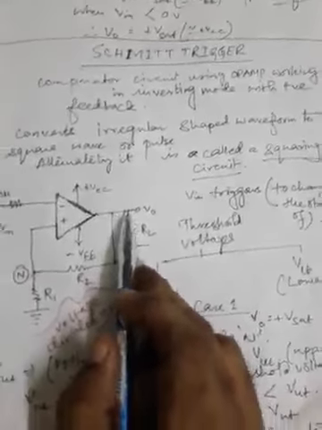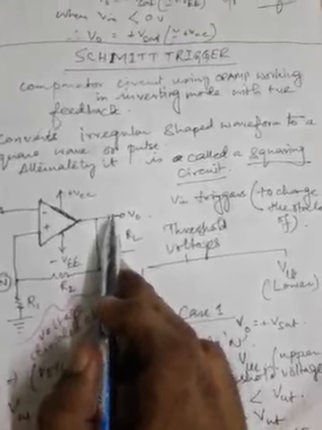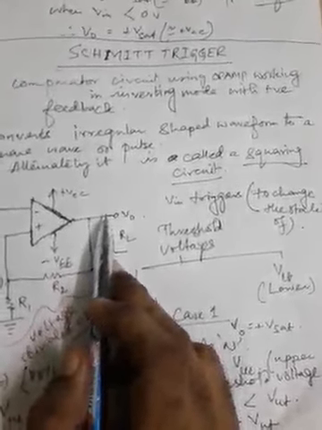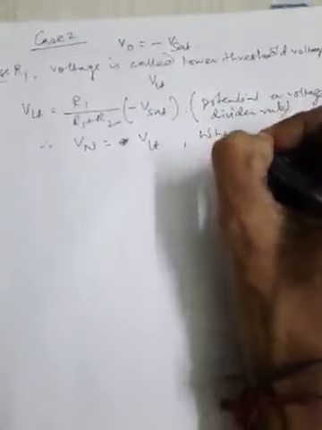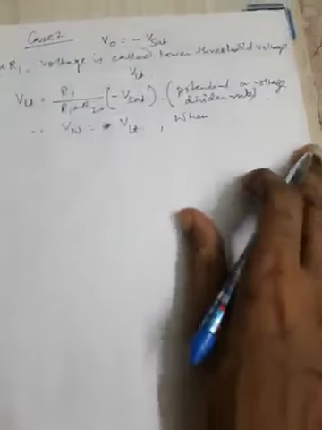The output, which is now at minus Vsat, will switch from minus Vsat to plus Vsat. So we can say that in this case, when Vin is more negative than VLT, that means Vin is less than VLT, VO switches from minus Vsat to plus Vsat.